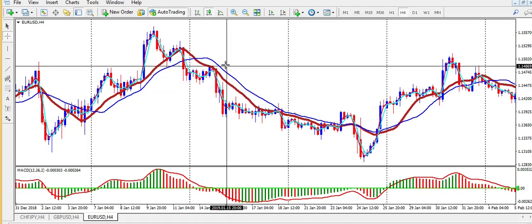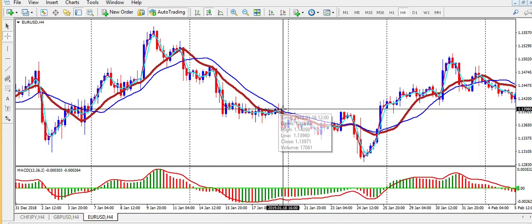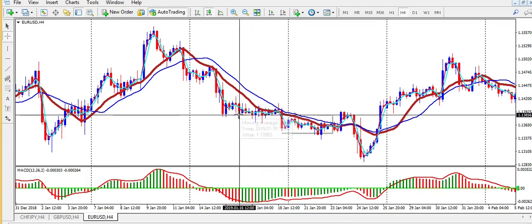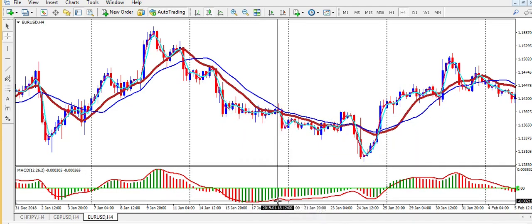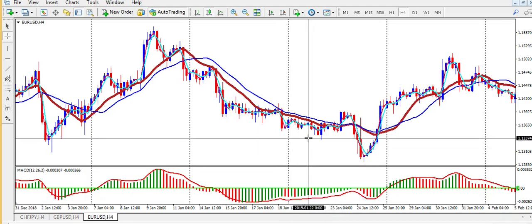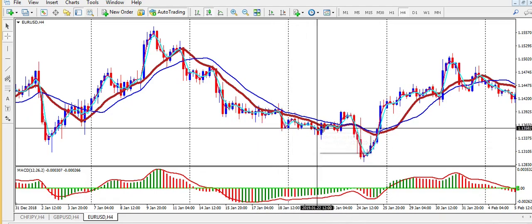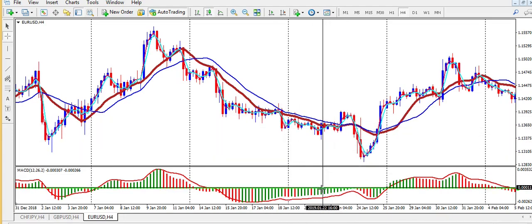And where will our exit be? Probably here, because it has touched, it has come up, it has crossed, and then there's a gap between the histogram bars and the signal line. All this downward movement is divergence and is completely ignored because of this gap here.